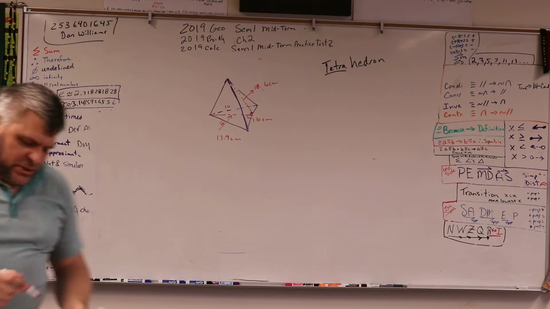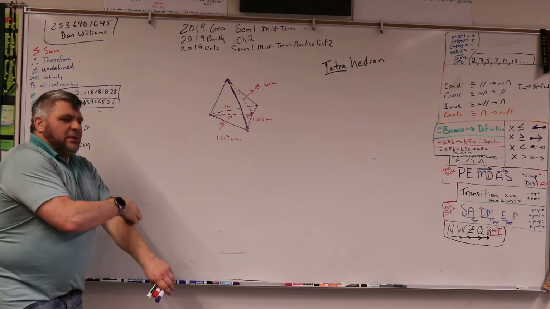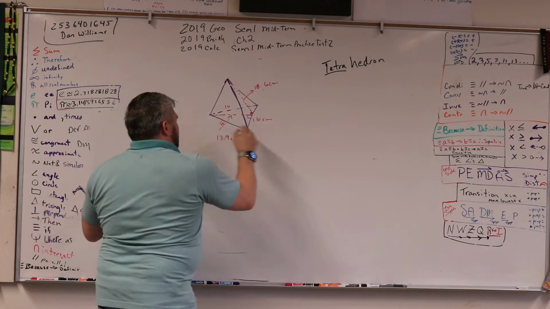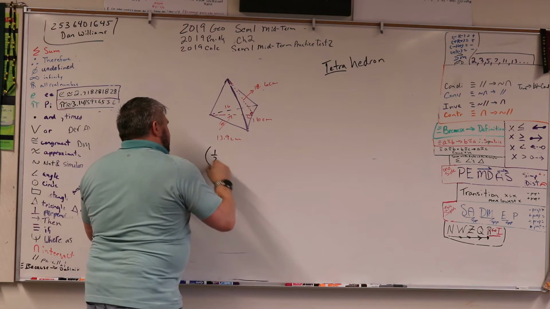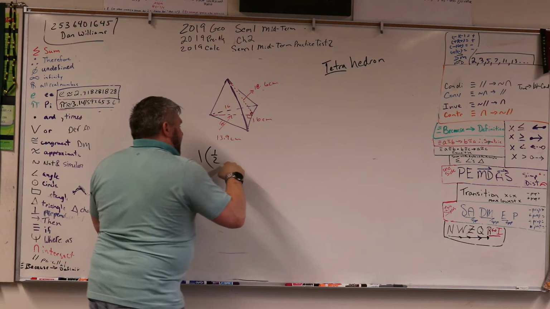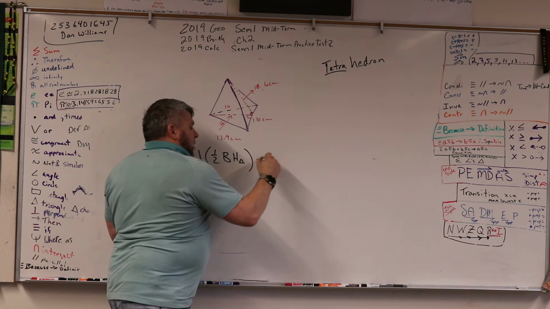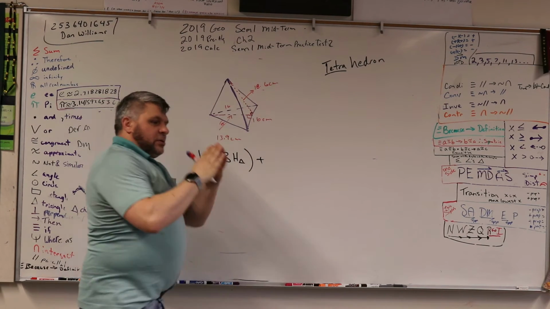Okay? So in this case, it's just like the last problem, right? So we have one base. It's 1/2 times the base times the height of that triangle, right? Plus, how many triangles create the peak?